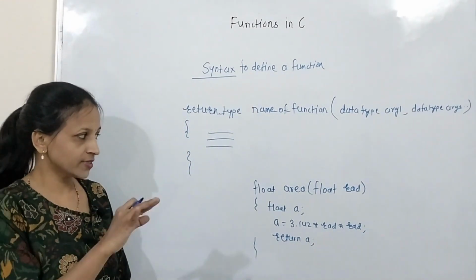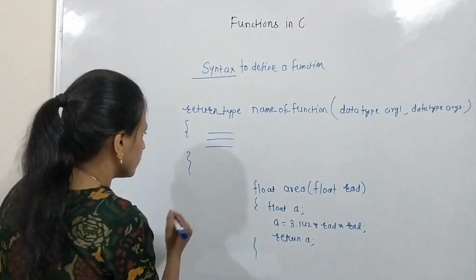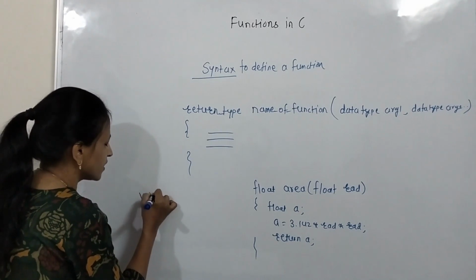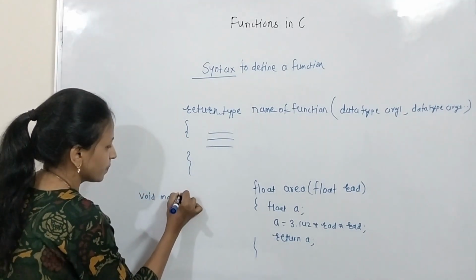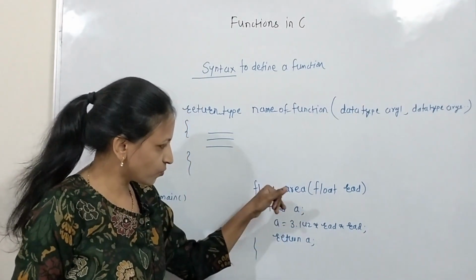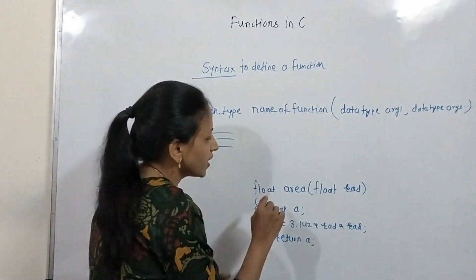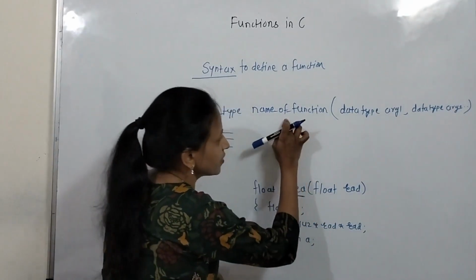Now what is exactly this, what is the meaning of this, everything I am going to discuss, don't worry. Now in main I will call this function like this, void main. Now see what is this float, what is this area. This area is nothing but the name of a function.